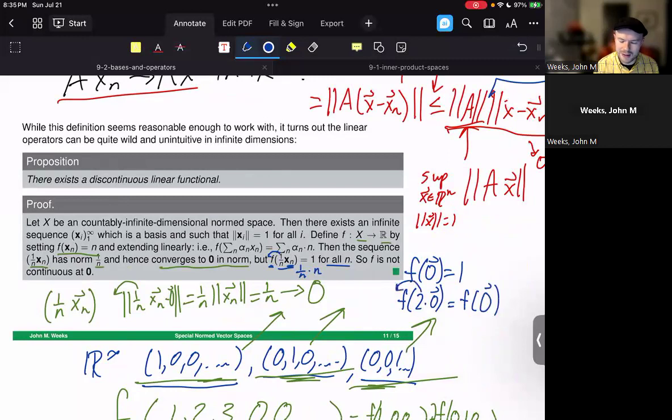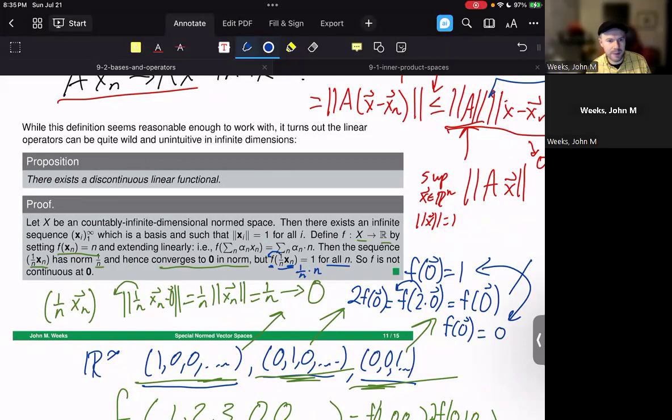But I can also bring the 2 outside, so this is also equal to 2 times the vector f of 0. Subtracting f of 0 from both sides, we get that the value of f of the 0 vector is equal to 0. So this is a contradiction. We've just shown that the function f cannot be continuous, because these y values are approaching 1. They're not approaching 0.